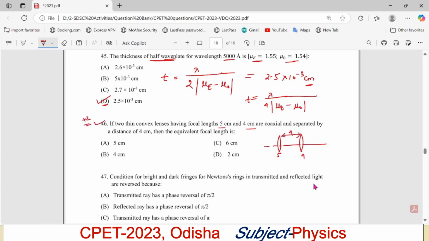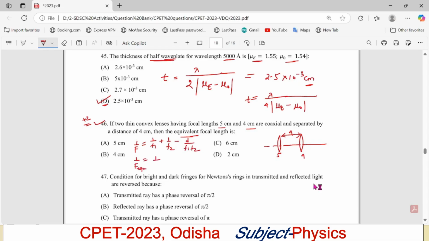So what is the equivalent focal length? 1 by capital F will be equal to 1 by f1 plus 1 by f2 minus d by f1 into f2, where d is the separation distance between the two lenses. This is the general formula. So 1 by capital F is the equivalent focal length, which we intend to find out.